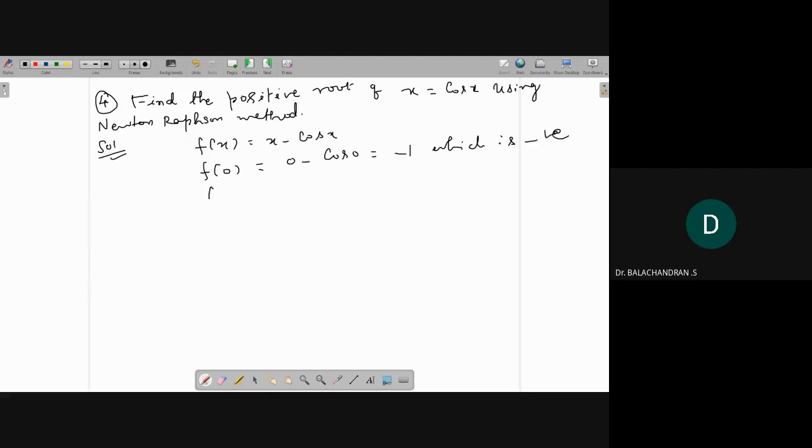And then f of 1 is 1 minus cos 1. We'll put the calculator in radian mode.